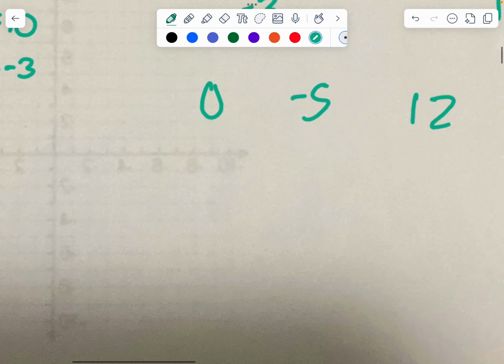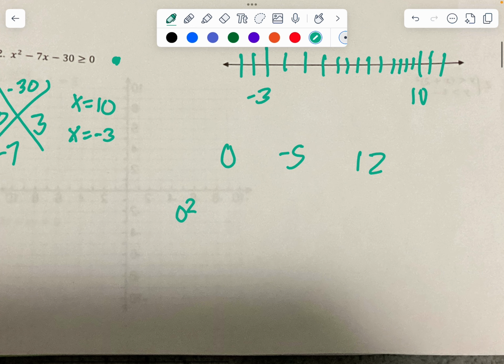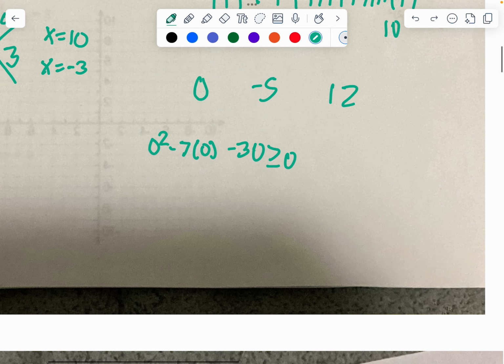Alright, 0 squared minus 7 times 0 minus 30 is greater or equal to 0, which is false because negative 30 is less than 0.